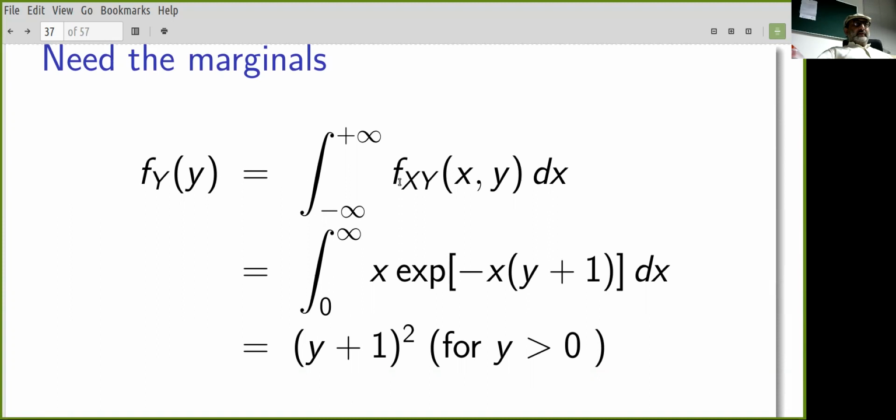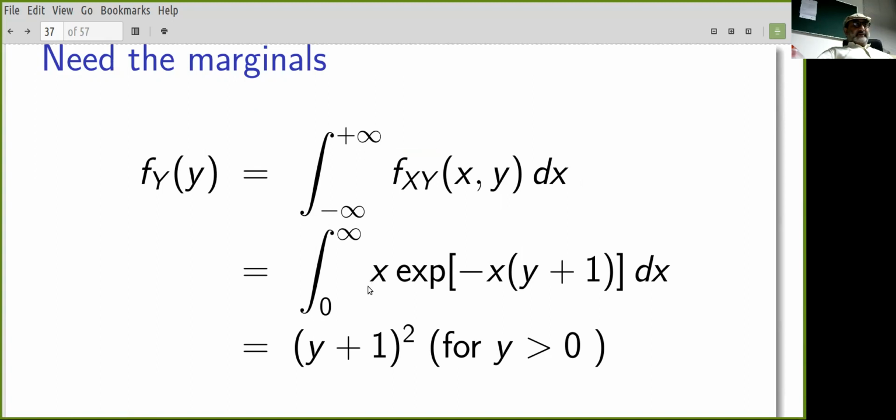Same for y. To get the marginal for y from the joint PDF for x and y, integrate out the x. So integrate from minus infinity to infinity the joint PDF for x and y dx. We don't bother with the part that's 0, and the part that isn't 0, we integrate from x equals 0 to x equals infinity.